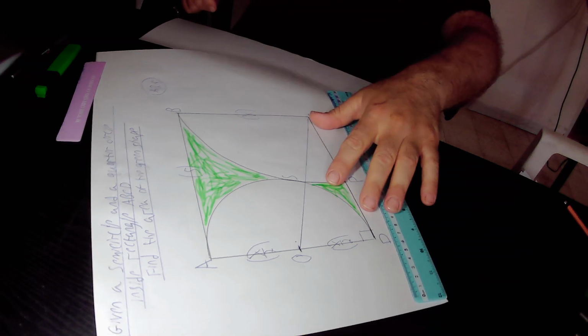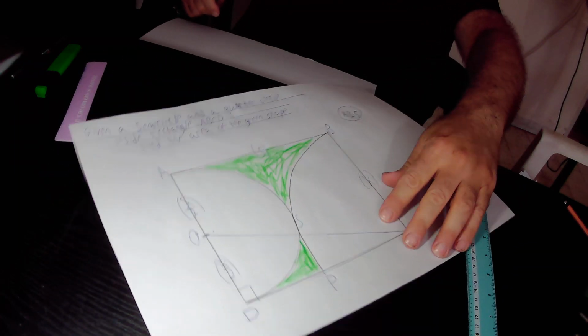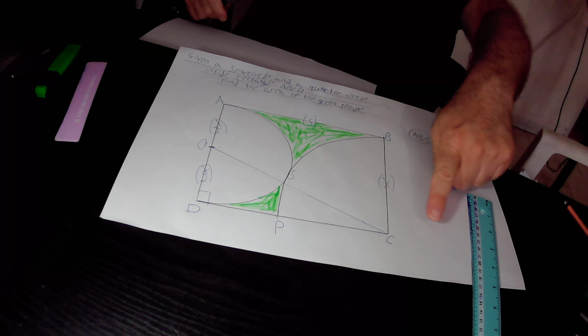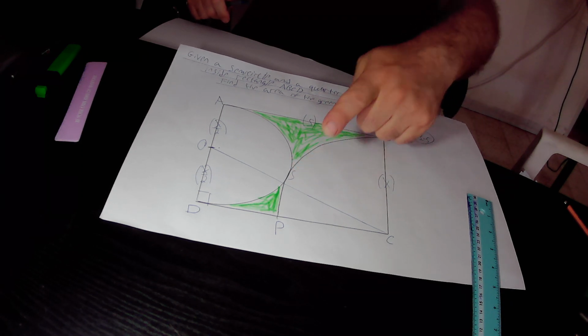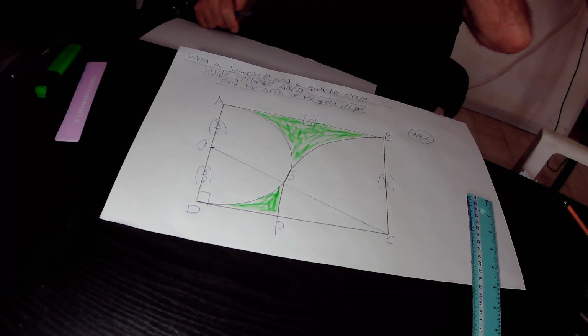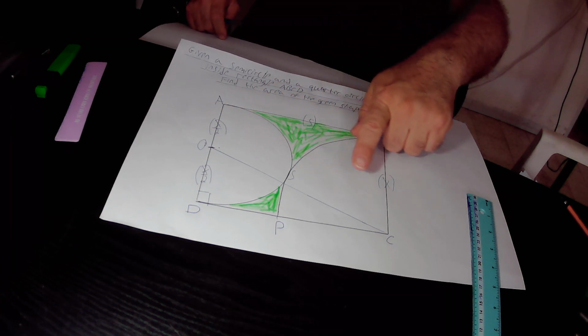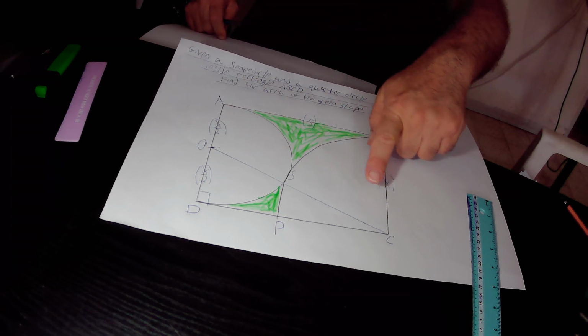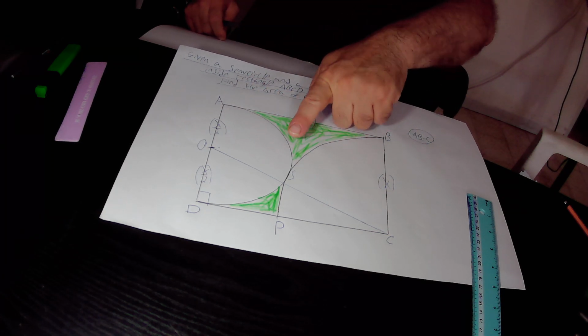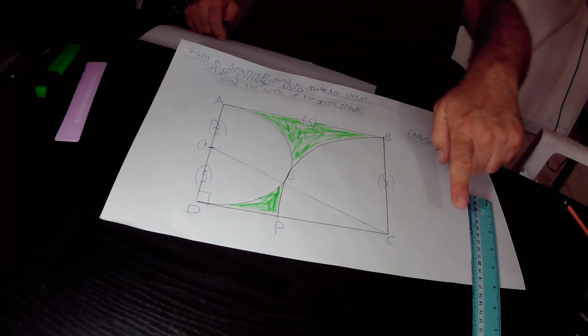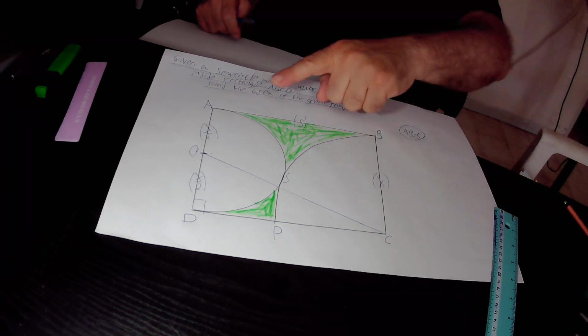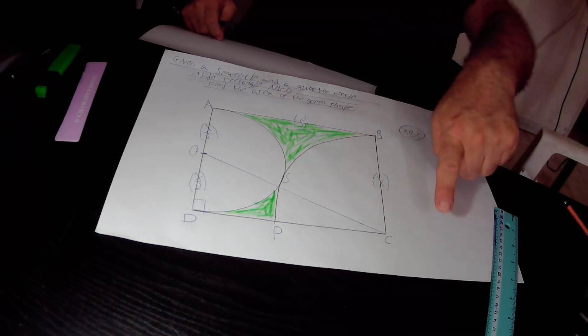So it's very easy to see that the straight line OC passes through point S. And therefore, the length of line segment OC must be equal to OS plus SC. Why? Because OSC is one straight line. So OC equals OS plus SC.